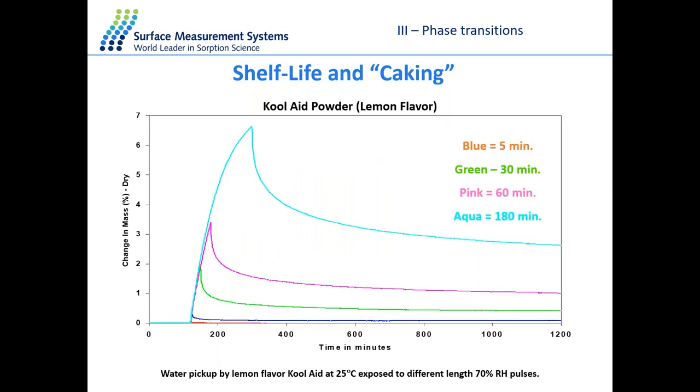This experiment can be done using different amounts of time. So by increasing the time from 5 to 30 to 60 minutes at which we expose to the burst relative humidity, we will have different resulting amounts of water becoming part of the sample itself. But it's also important to look at the cycling of the sample between high and low, high and low.